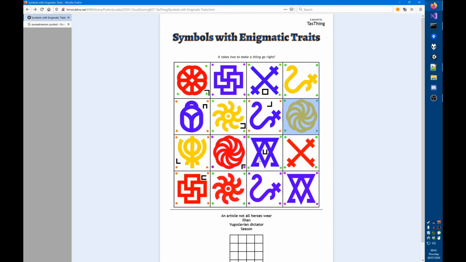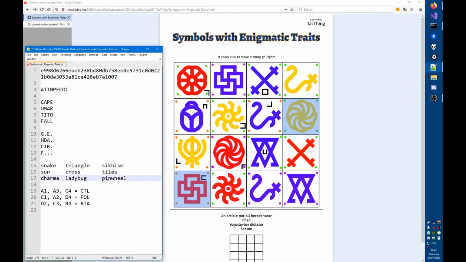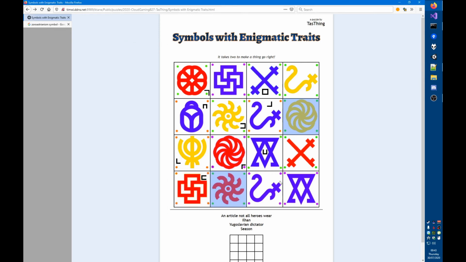Although I'm not particularly hopeful that we'll get more sets, because after this one, this requires a blue with green dots. We don't have that. This requires a blue with purple dots. We do have that, but we've already had pinwheel, so it's unlikely. Yeah, it's Sikhism, we don't need that. We don't have that. And then those don't work, so let's try this.